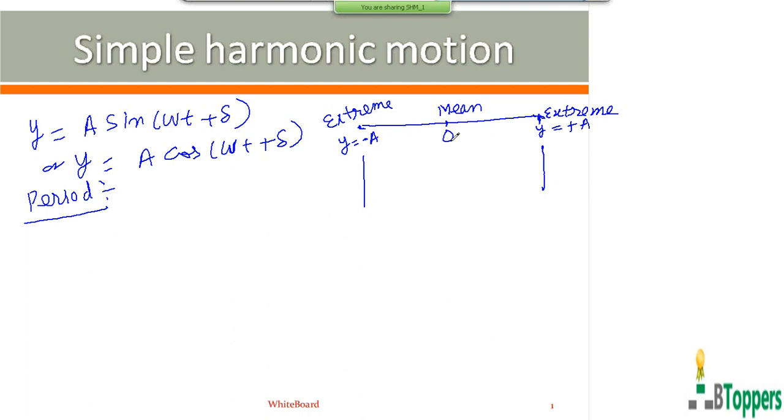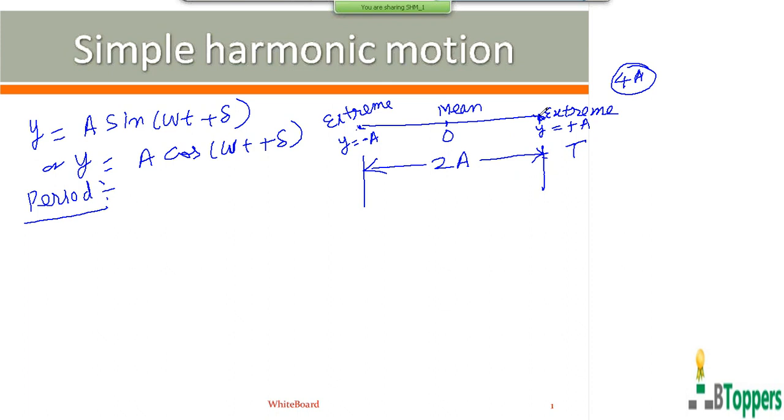And the time taken to complete one oscillation is called the time period of oscillation, denoted by capital T. So when the particle moves from one extreme position to the other extreme position, the distance covered is equal to twice the magnitude of displacement amplitude. It comes back to the same extreme position, again it has to travel the same distance. That means the actual distance covered by the particle during one oscillation will be 4 times the magnitude of the displacement amplitude.